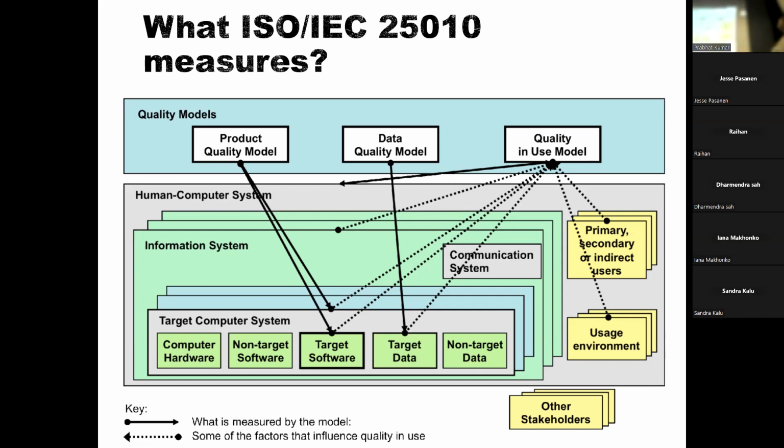Who can be the secondary and indirect users in this case? What do you think? Primary is the user who wants to use the software. How about secondary and indirect? Who can be the secondary and indirect users of a software?